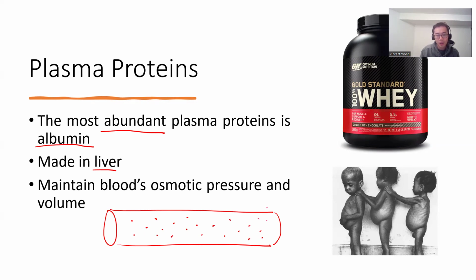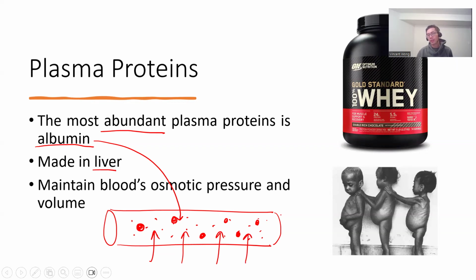There's the dissolved ions, there are the cells, but more importantly, we have these albumins in them. That would help further increase the osmotic pressure. That way you will be able to draw fluid into the blood vessels and keep it there, to maintain the blood pressure and the blood volume.